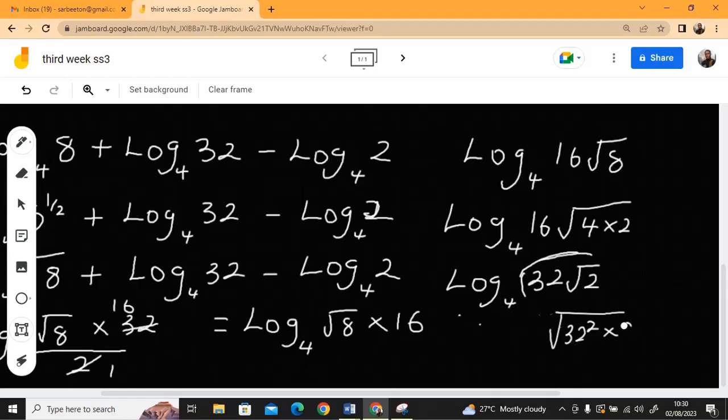And 1024 times 2 gives us 2048. It means everything here is 2048. Sorry for all this. Let me clean this one so that I hope you can understand all that I did here.